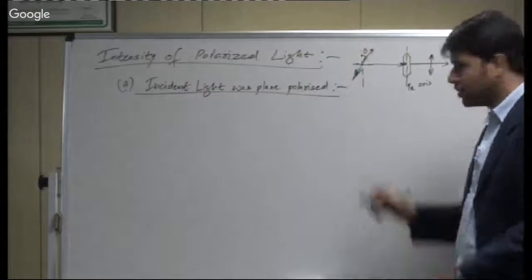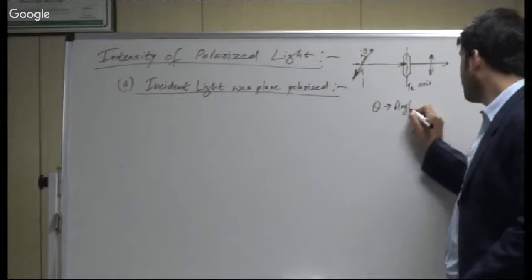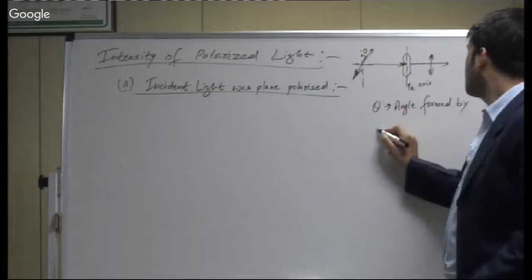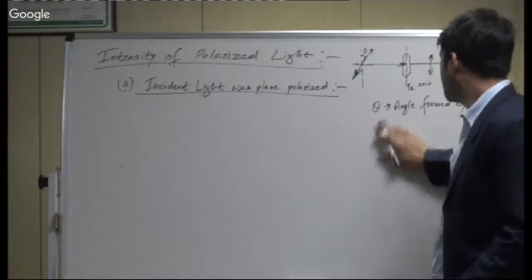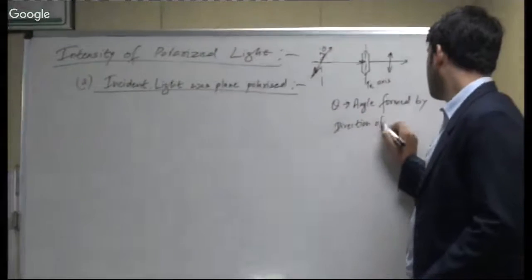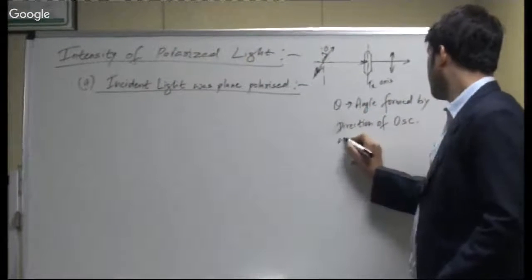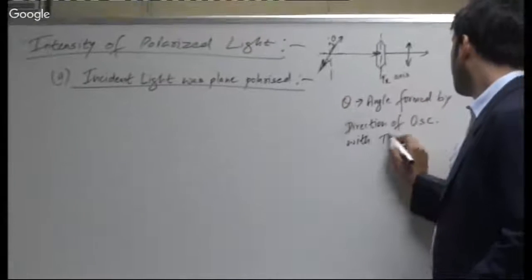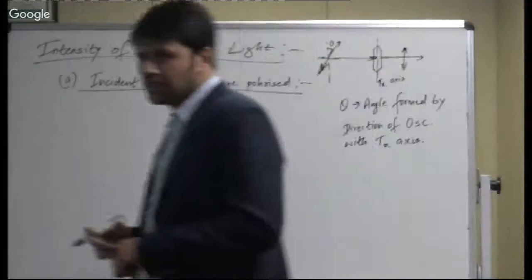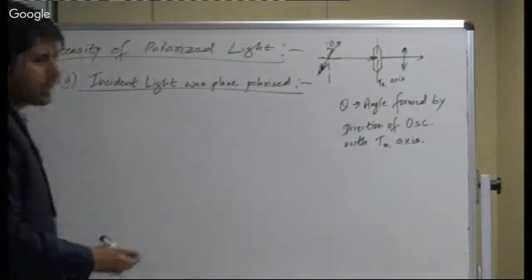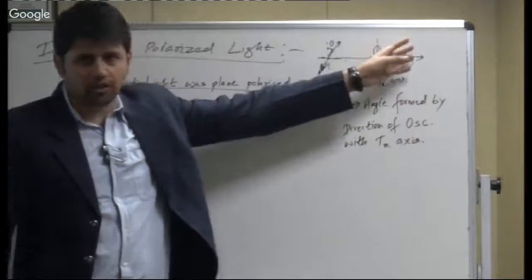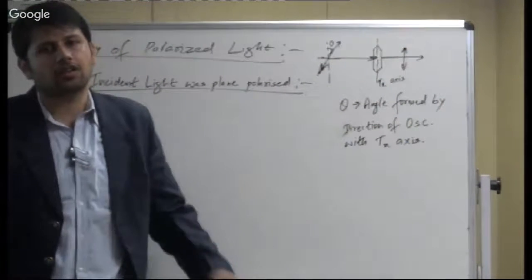Let us assume theta is the angle formed by the direction of oscillation with the transmission axis. What happens is, in this case, obviously the light would come either parallel to the transmission axis or it would not come at all.